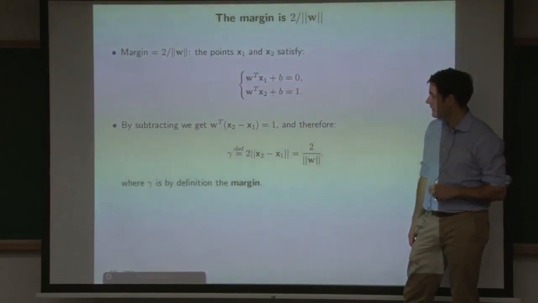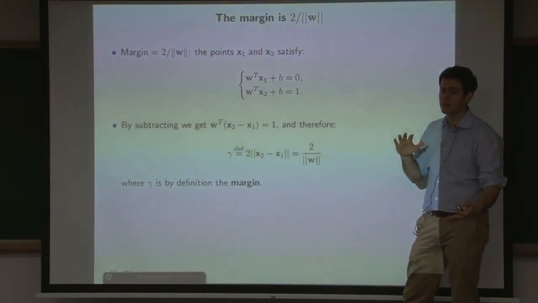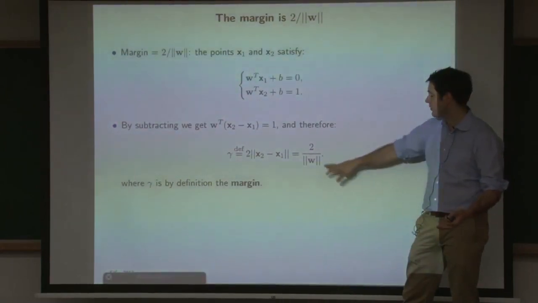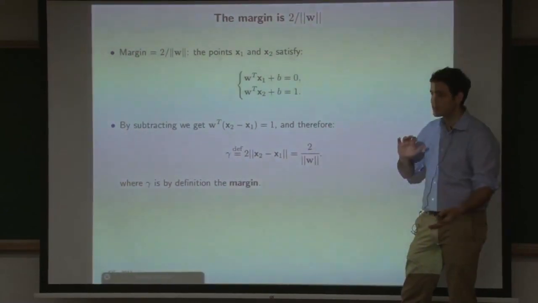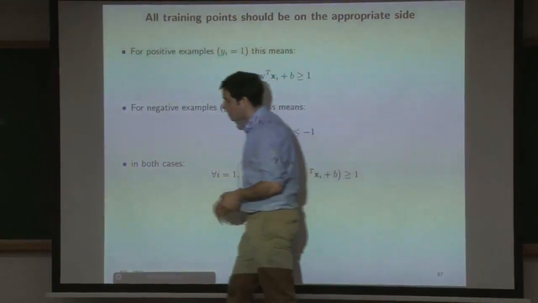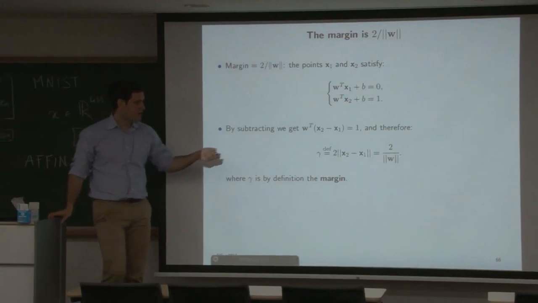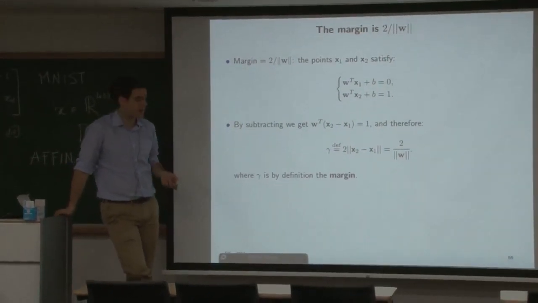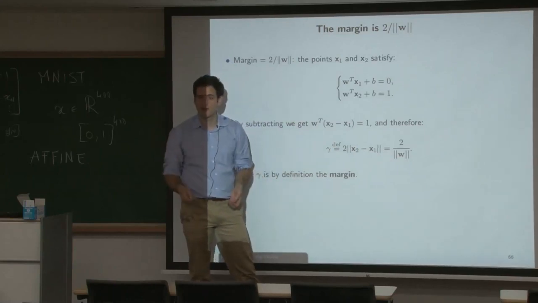So when I say that I want to increase that tube, I'm explicitly saying that I want to make w as small as possible. If this was all, I would just make w equal to 0, or a very, very small value. This would be an infinite margin.